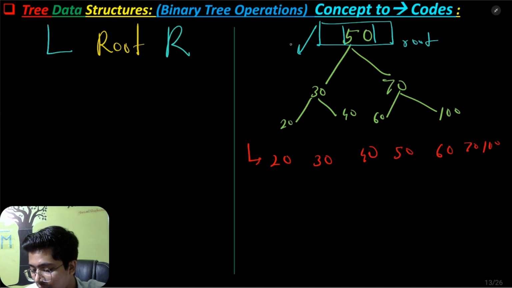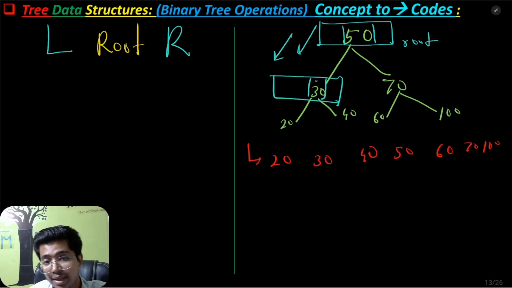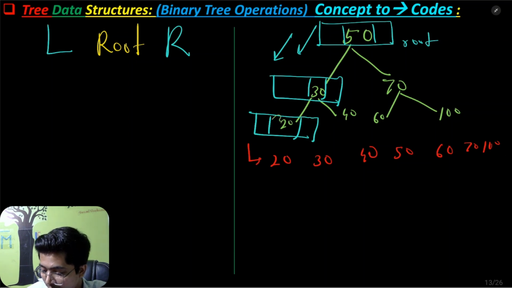So first we traverse towards the left, and again as per the program, when this is the root, again we come here, again and again. And now if we move here, we get null, so we cannot move further forward.